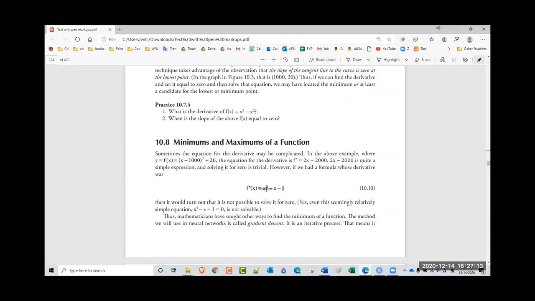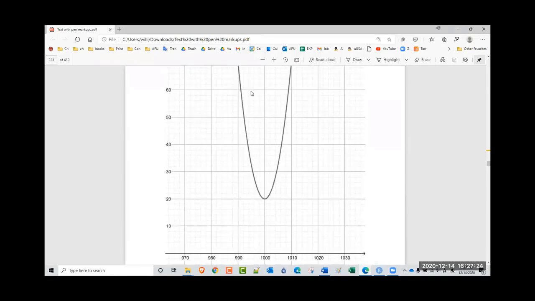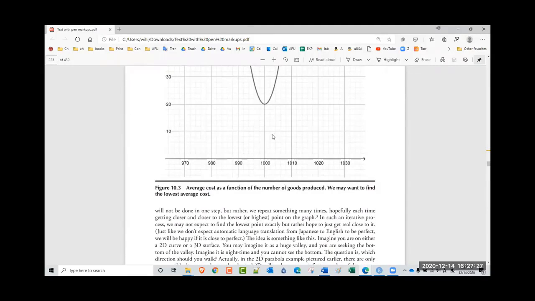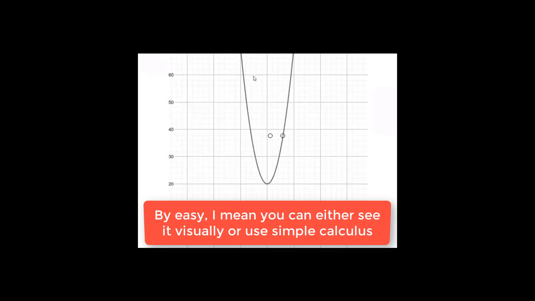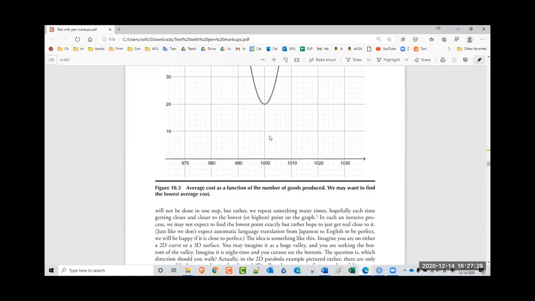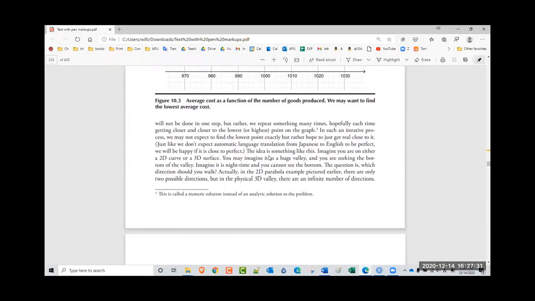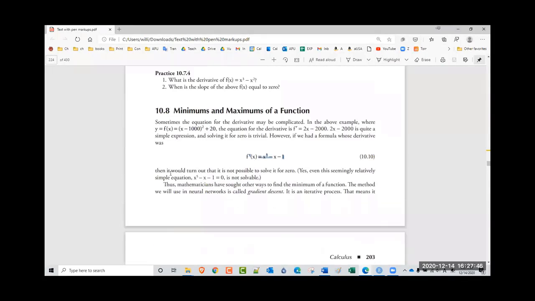If we had this derivative and we wanted to find the maximum or minimum, we're stuck. On the other hand, if you had this curve, it's easy to find the minimum. You take the derivative and you can do it.